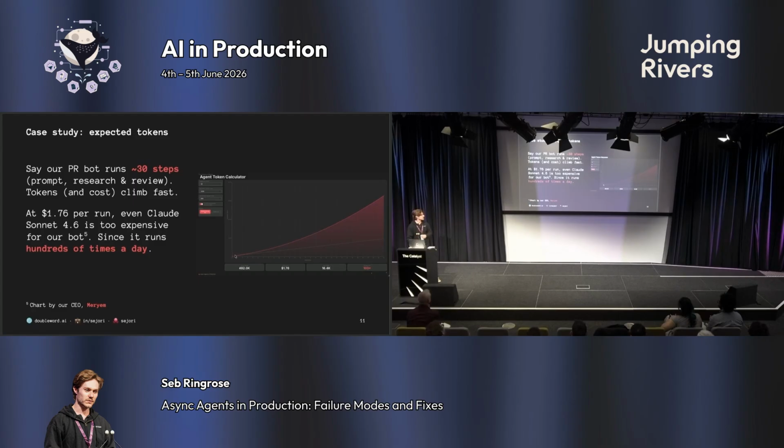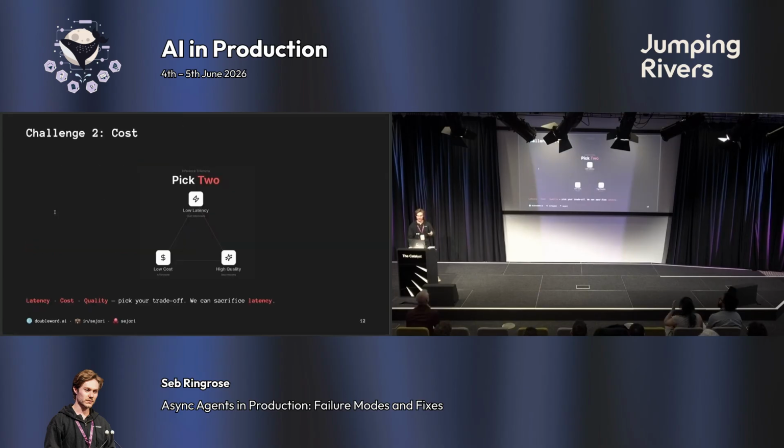And what we see is this somewhat exponential, not quite exponential, growth of tokens as our agentic process goes on. So $1.76 per run. Would that be economical for me to run as an automated PR review? I think it's probably fair to say, unless you're flooded with cash and you do not care, that is not economical. So we get to challenge 2, cost.